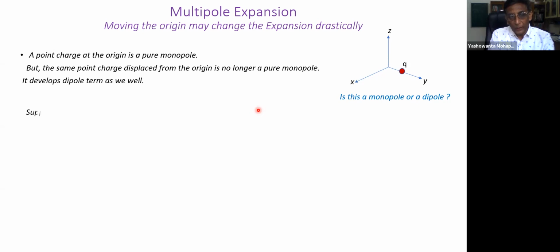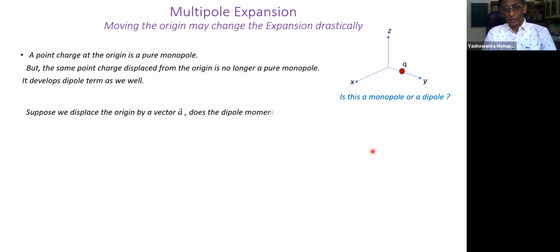Suppose we displace the origin by a constant vector, let's say a. Does the dipole moment remain the same? That's the question I've been asking. So let's suppose the new dipole moment is p prime.